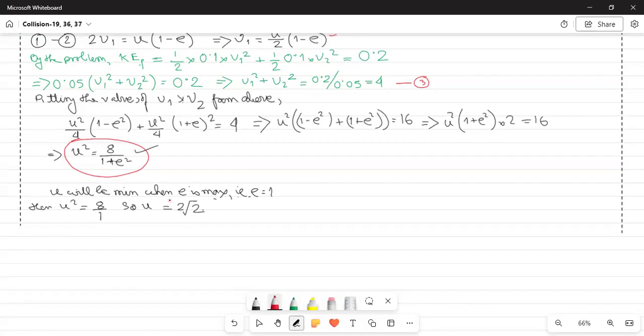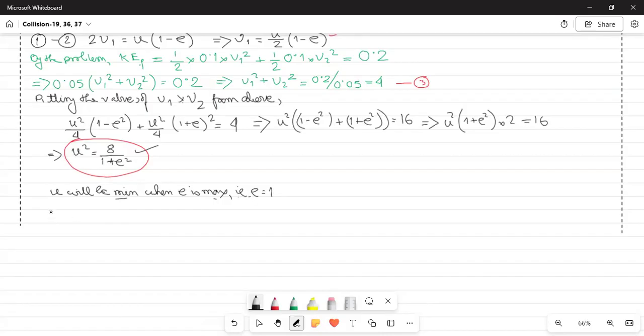Sorry, there is a little mistake here. Minimum and maximum got mixed up. When e is equal to 1, this is the minimum.